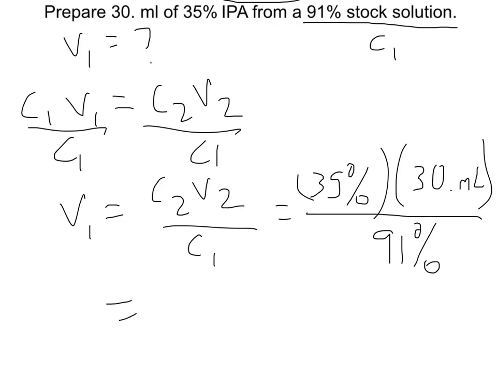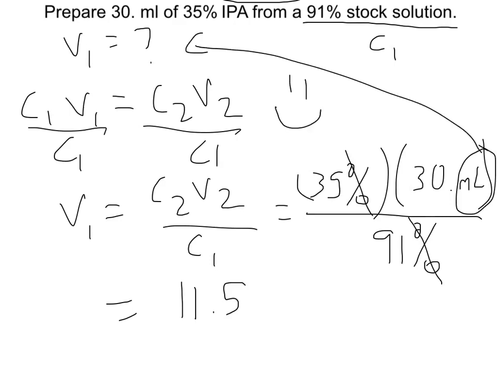And this gives me a value of 11.5, and if I do my unit analysis, the percents go away. I'm left with milliliters, which is what I want for a volume, right? So that's a yay! Okay, now I do the math. I know that this has two significant figures, this has two significant figures, and this also has two significant figures. So my answer must have two significant figures, 12 milliliters.